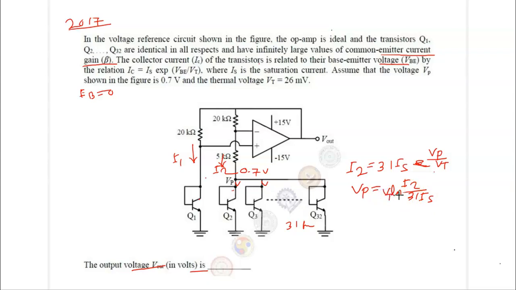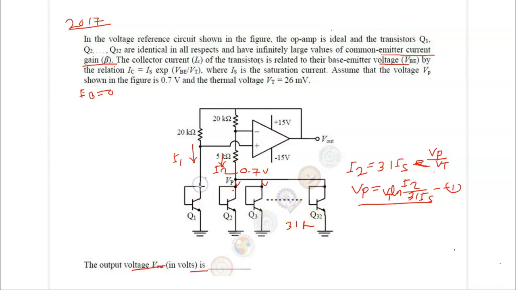This is just, I took the logarithm: first divide I2 by 31 IS, then take the logarithm of both sides, and I found this relation. Let's say this is equation 1.